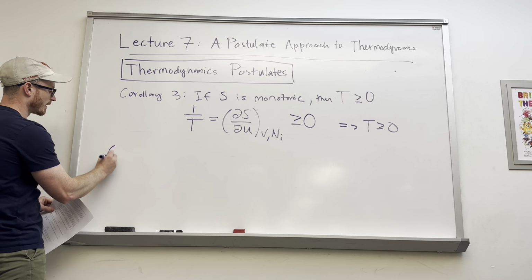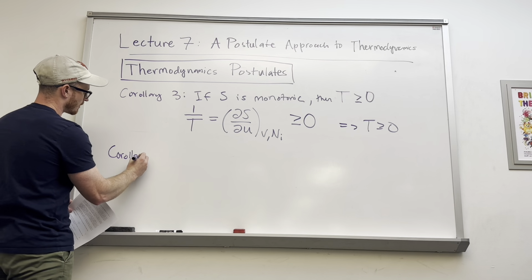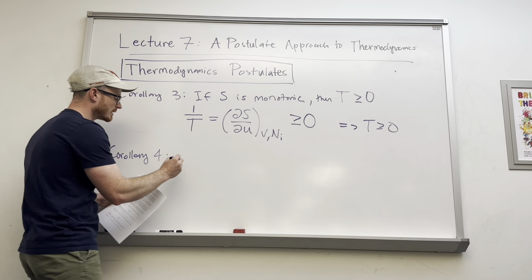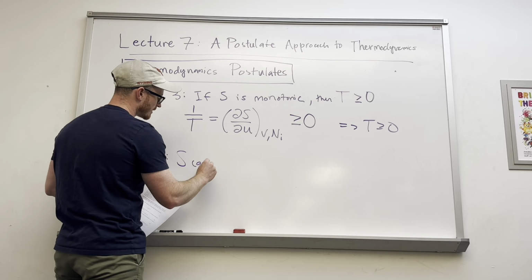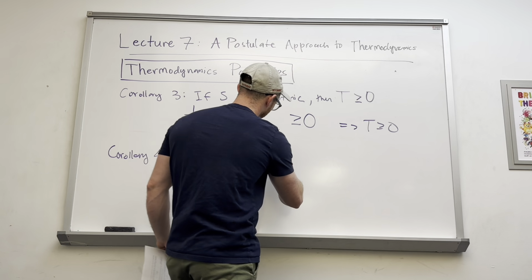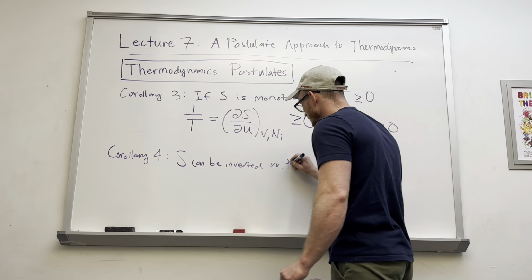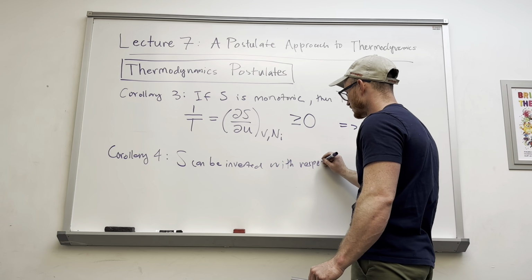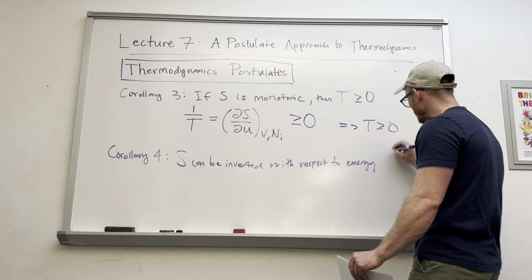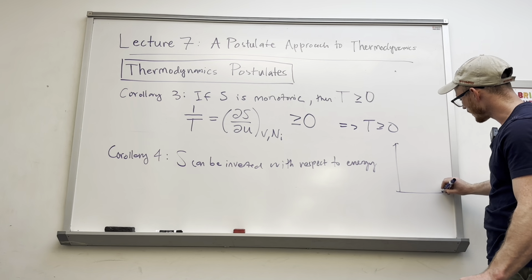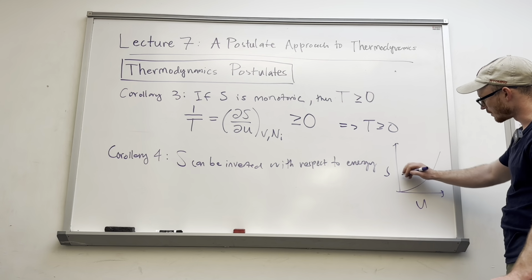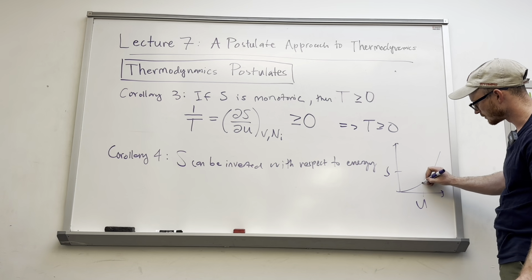The final corollary from postulate 3, corollary 4, is that entropy can be inverted. S can be inverted with respect to energy. The reason for this is that if S is a monotonically increasing function of energy, then there's always one S for one U, right?